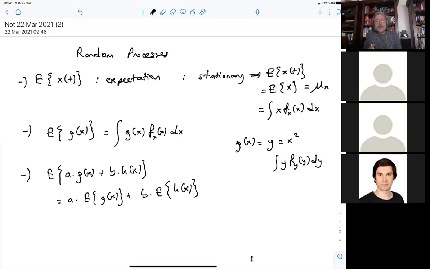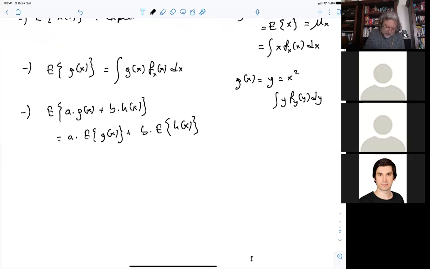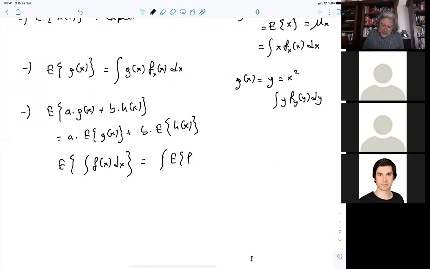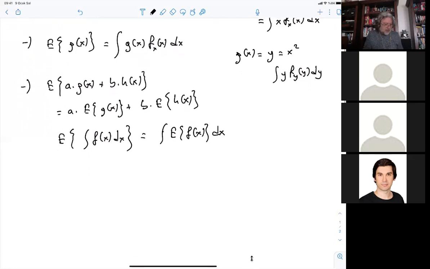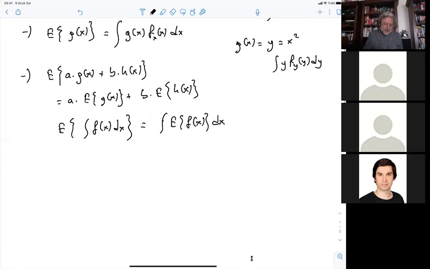Or if you are having the expected value of an integral, so expected value of an integral of f of x dx is essentially equal to integral of the expected value of f of x dx. So it's a linear operator. The order can be interchanged among other linear operators as well. This is something that I want to emphasize.